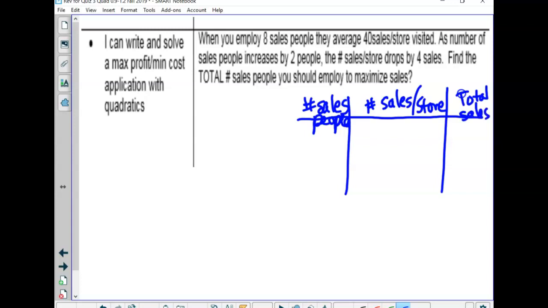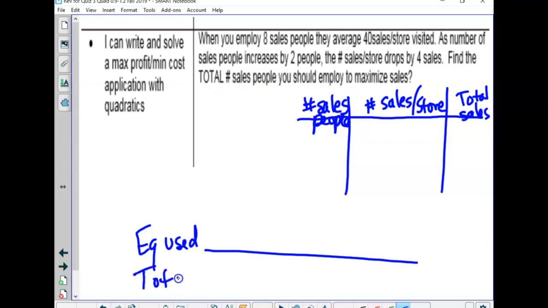I would have that chart already on there for you, okay? But it also says equation used, and then at the bottom it says total number of salespeople you should employ, and I put that to remind you about something at the end, okay? Now, if we go up here, it says 8 salespeople.